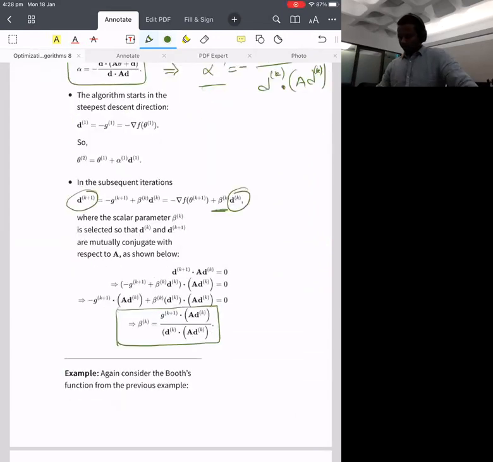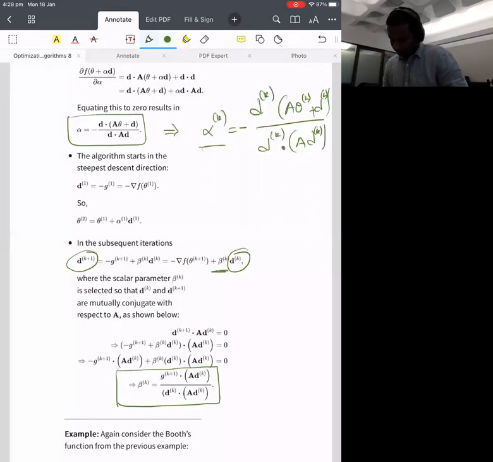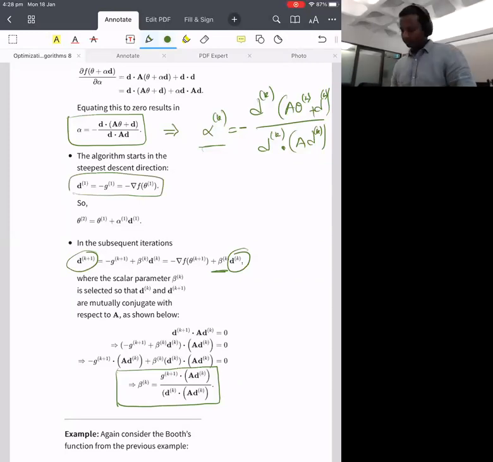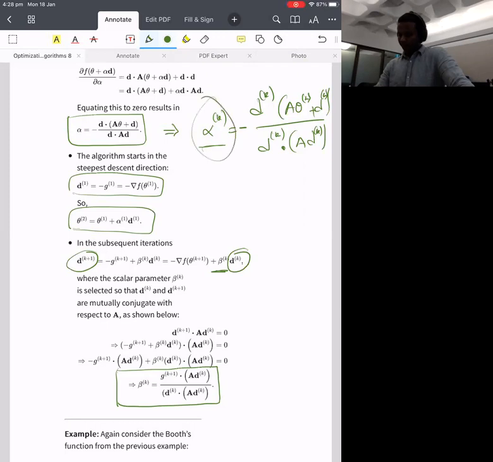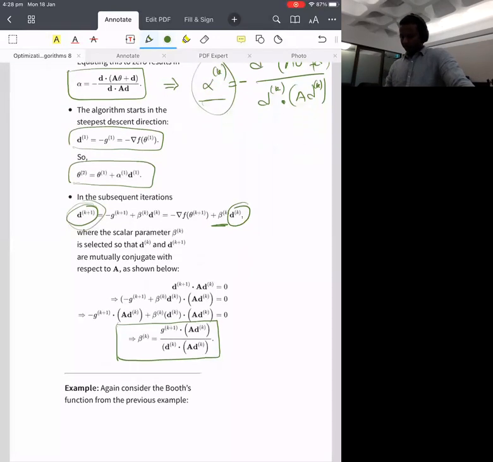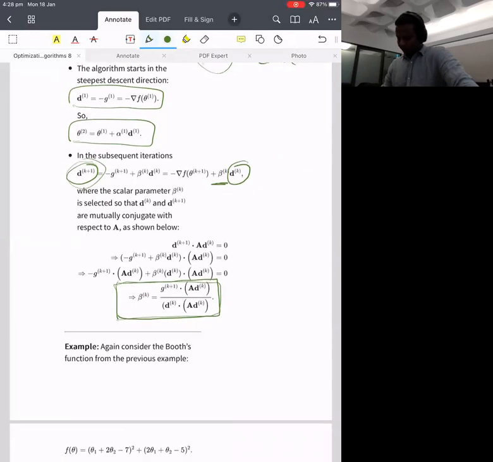So we start with gradient descent. Like gradient descent, we just start with the steepest descent direction, and we update theta 2, and after that we apply recurrently the alpha k and dk update and the dk plus 1 update, using beta being this, because we know matrix A exactly for quadratic functions.